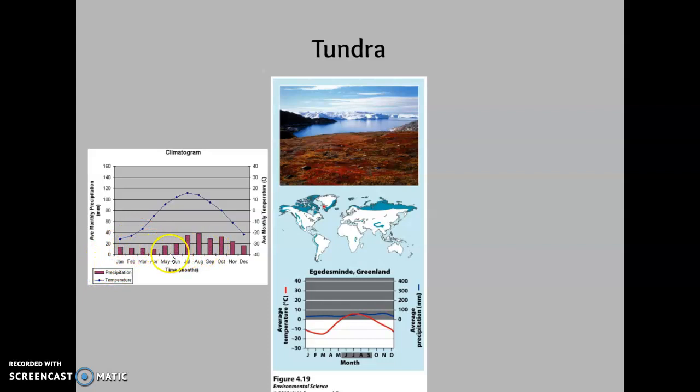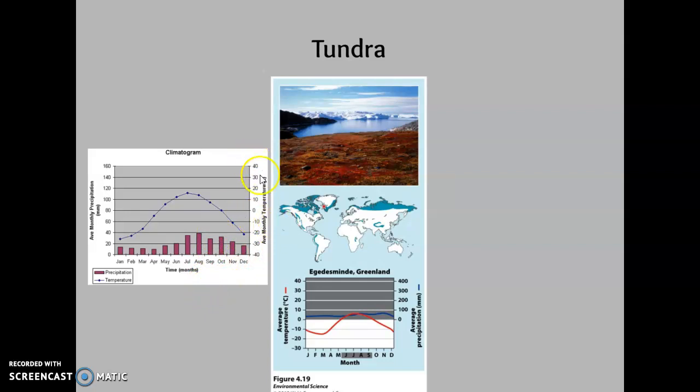You've got bars. The bars always represent the precipitation. So just remember, bars, precip. You can measure it over here on the left. And then the line graph here is going to be your temperature and how it changes over the course of the year.